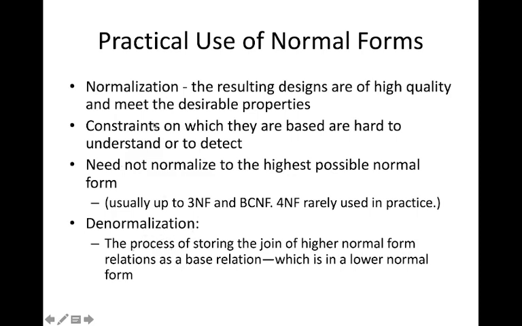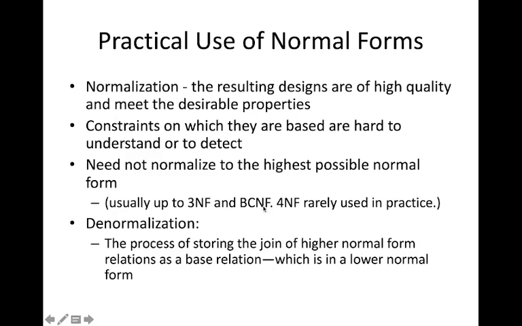We need not worry about the definitions. The only thing we have to notice is that normalization results in designs of high quality tables, and those desirable properties will be satisfied. So we will try to normalize into some normal form. There are different normal forms: first normal form, second, third, then BCNF, fourth normal form, and fifth normal form.